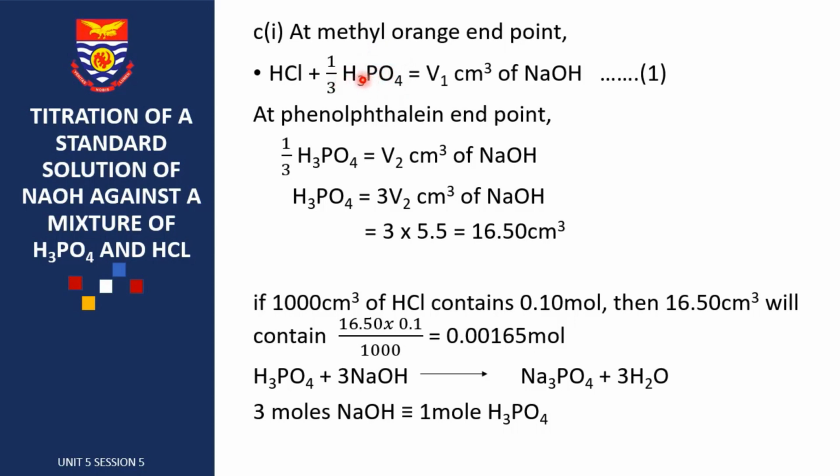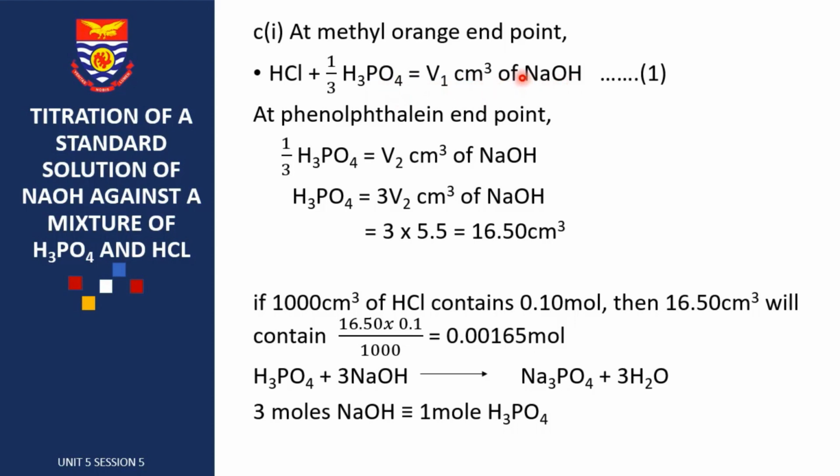In other words, you can divide this into 3. Only one was consumed. So if you divide this one into 3, one of it is consumed. So HCl plus 1/3 the phosphoric acid is equal to the volume of sodium hydroxide.